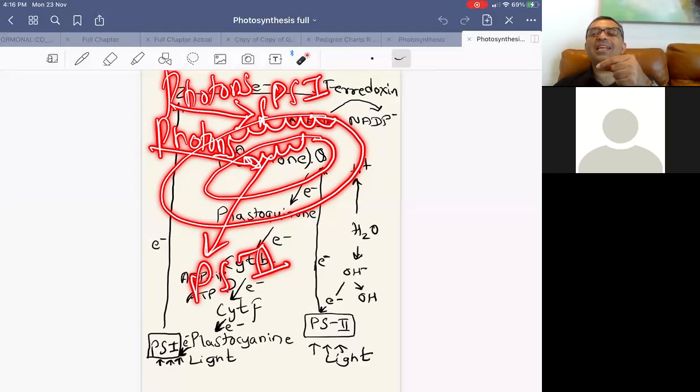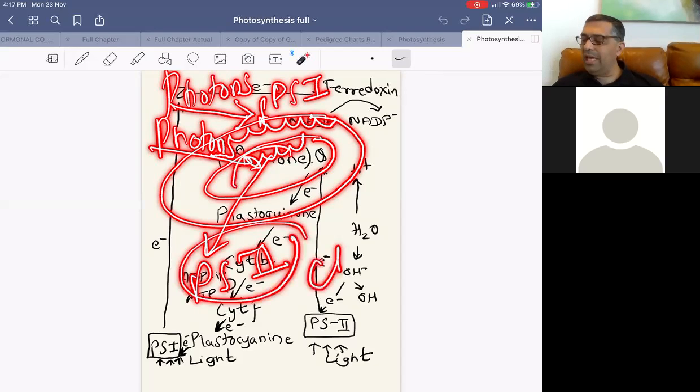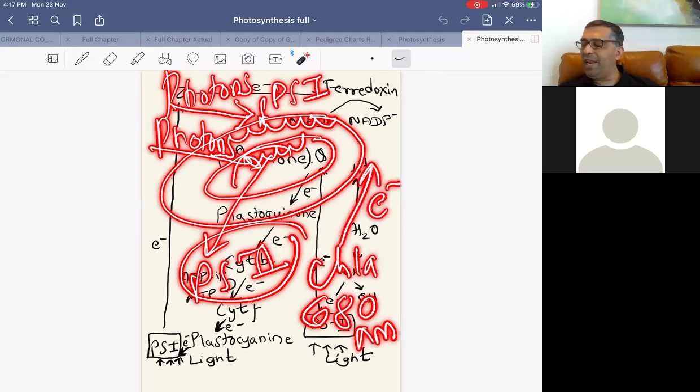And chlorophyll A 680, at 680 nanometer wavelength of light, the electron will jump and chlorophyll A 680 will become ionized.